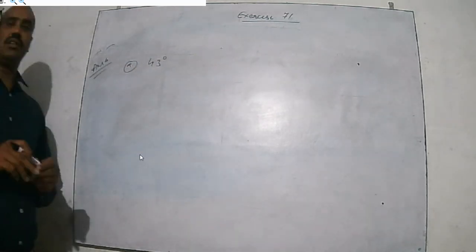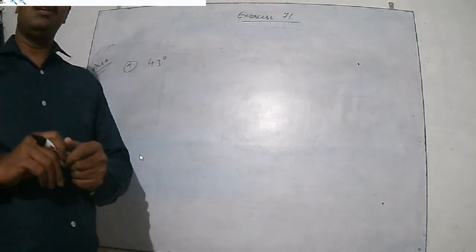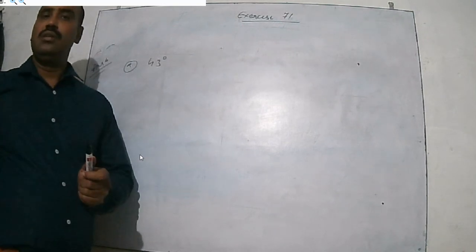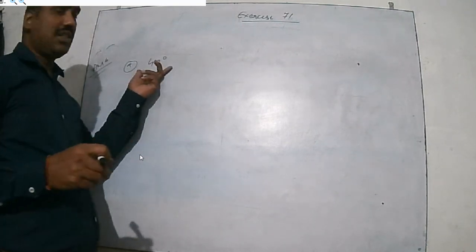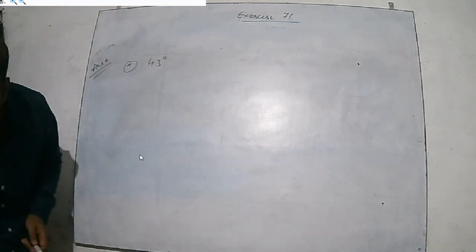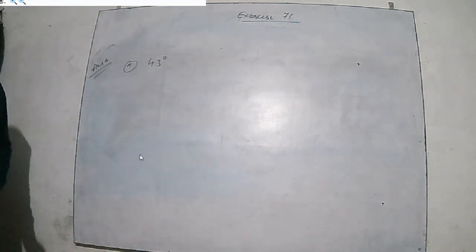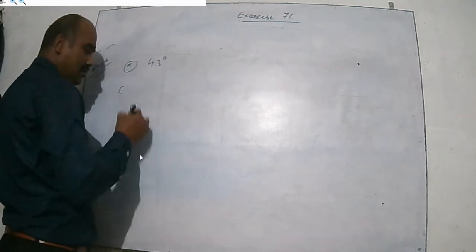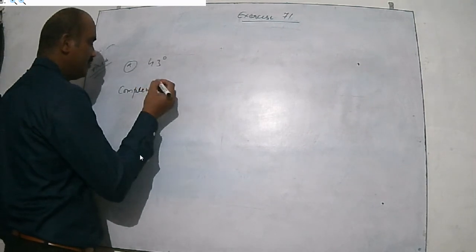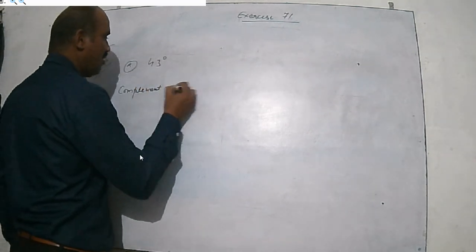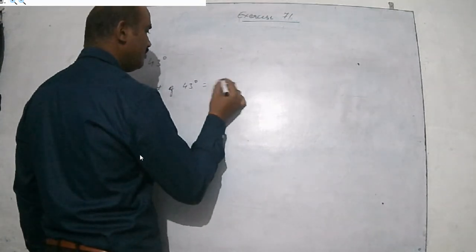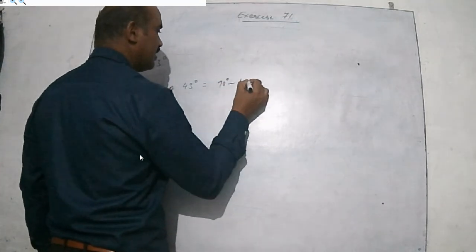We know that in complementary angles the sum of two angles is equal to 90 degrees. So if one angle is 43, what do you have to do for the other one? You have to write like this: complement of 43 degrees is equal to 90 degrees minus 43 degrees.